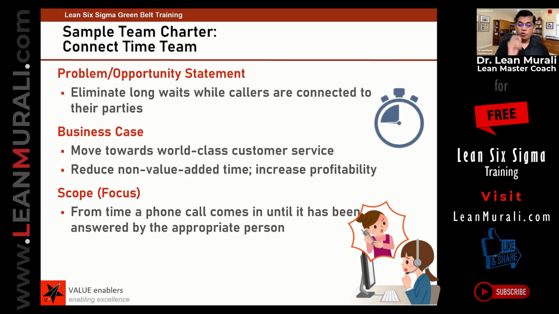From the time a phone call comes in until it has been answered by the appropriate person, that is the scope. Out of scope is after the call is connected and some person picks up the call. The scope starts when the phone gets connected and you start getting a ringtone or some sort of pre-programmed song, message or music.